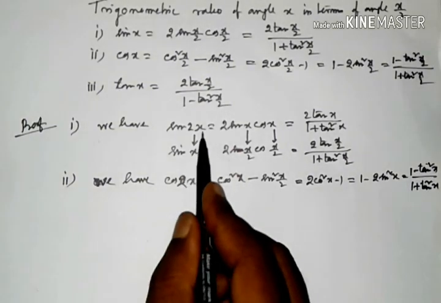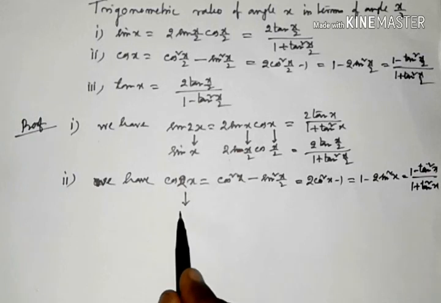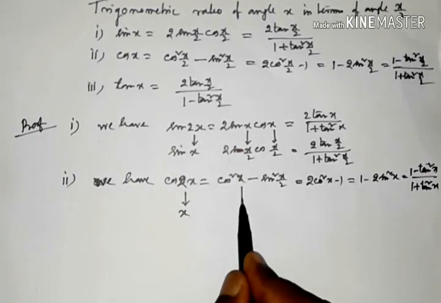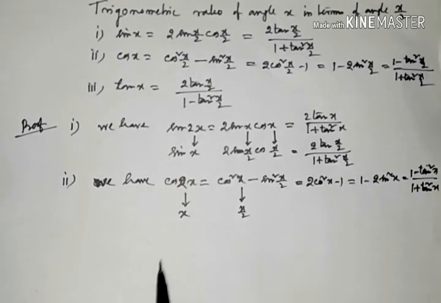In this way, if we replace twice x as x, then x will convert to x by 2.